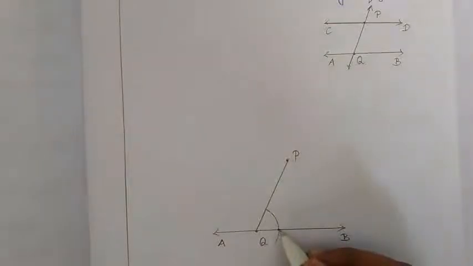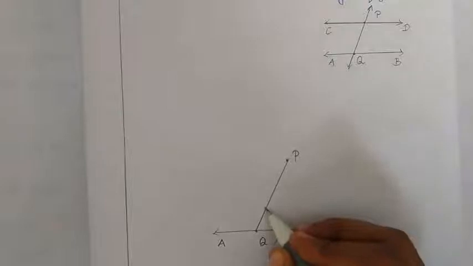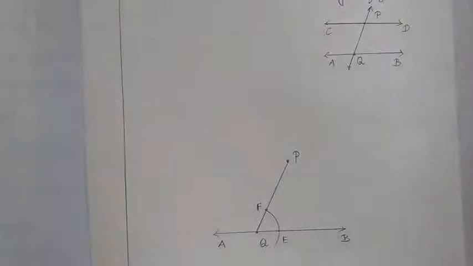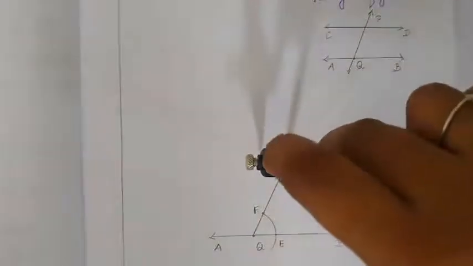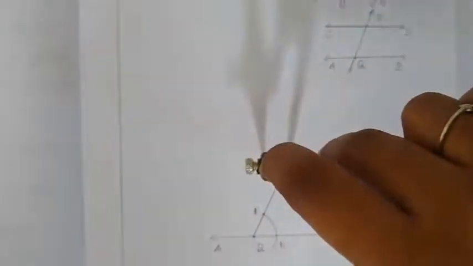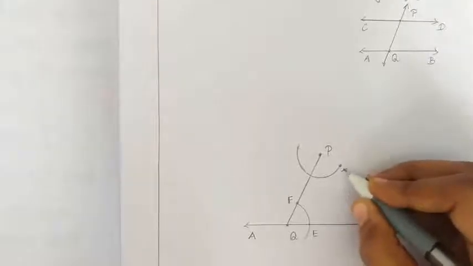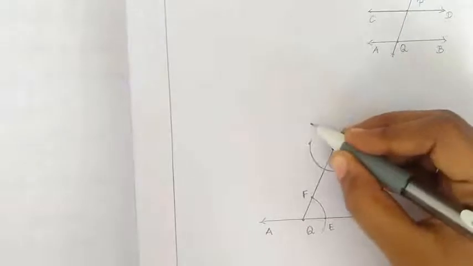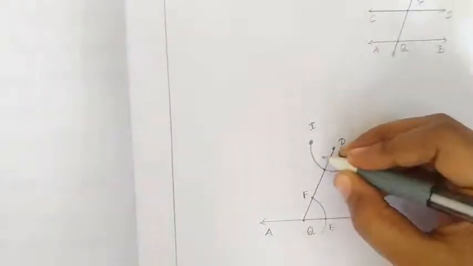This is point E, then PQ at F. Next, same radius, draw an arc with center P. This is J. This point is I. Then it cuts PQ. This point is G. We have to mark G.